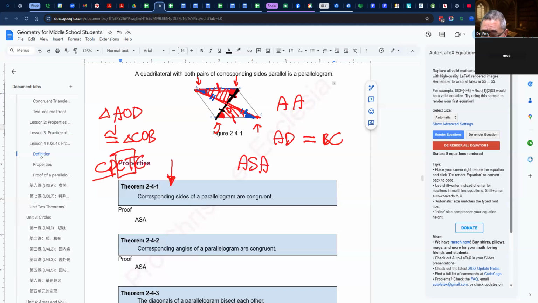And also this side is congruent to this side, so this is congruent to that. Well, now you can see this point is right in the middle. So that means this line bisects this diagonal, and this diagonal bisects this diagonal. Good?